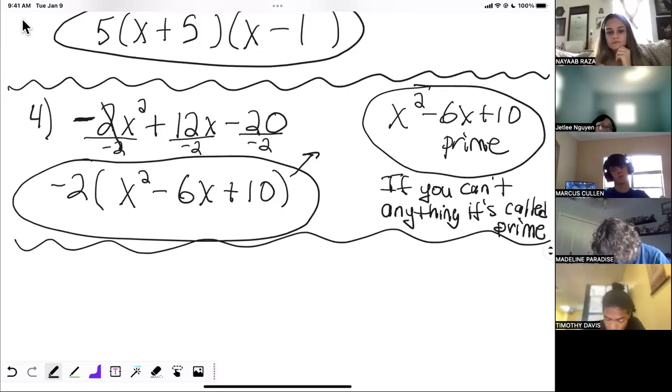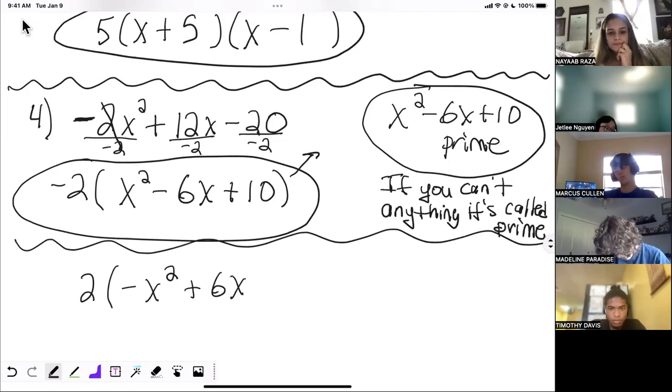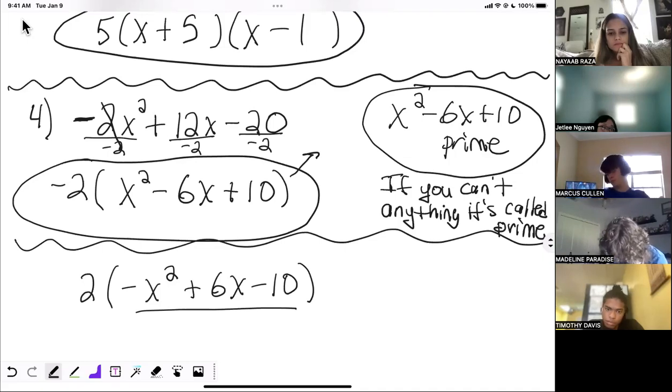If I don't take the negative out, I'm going to be left with 2 times -x squared plus 6x minus 10, which is also not factorable, but will the online program let you put that answer in? I honestly don't know.